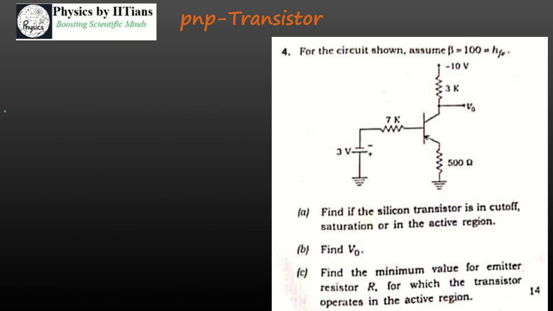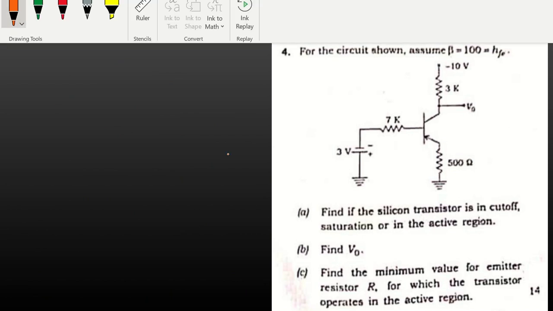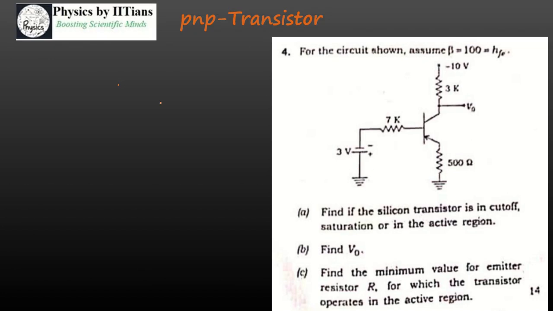So this was the basic understanding of all regions of operation. Now we are actually trying to solve this question. So we will be applying the KVL rule here, Kirchhoff's voltage law. That law will help us to find all the currents and voltages. So what I am assuming is that the arrow indicates the direction of the emitter current. So this is the direction of IE.